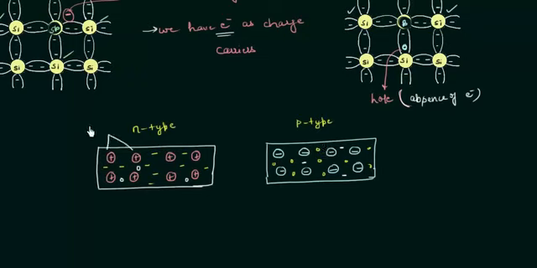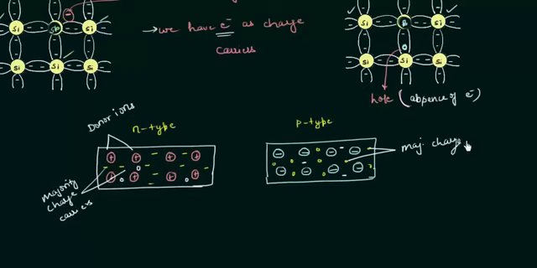These are the immobile ions, or we will write donor ions. The electrons are the majority charge carriers, and in this case we have holes as majority charge carriers, and here holes are minority charge carriers, and in this case electrons are minority charge carriers.